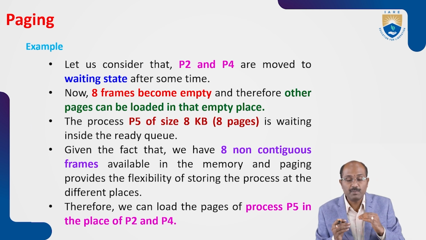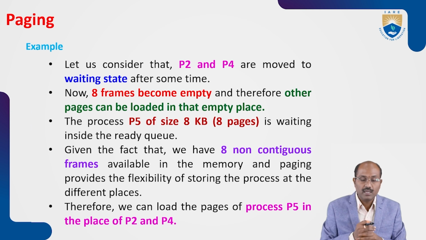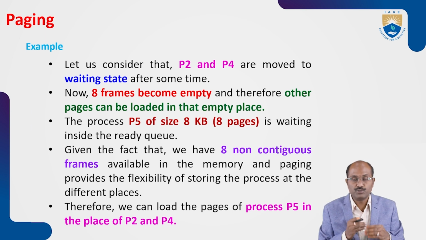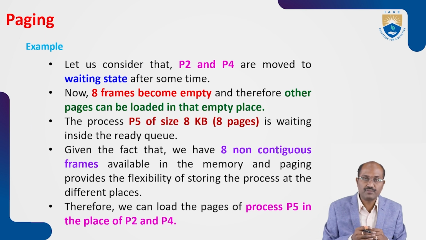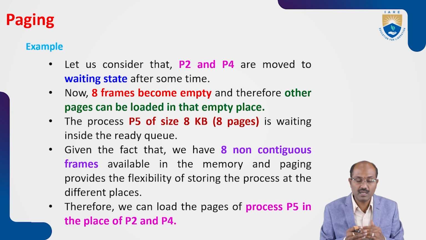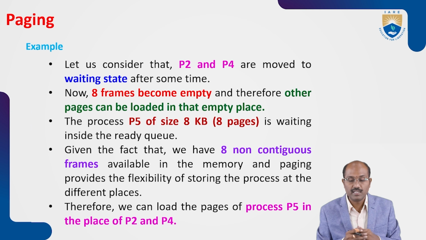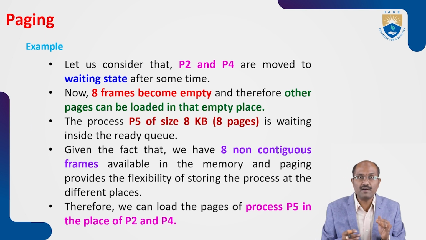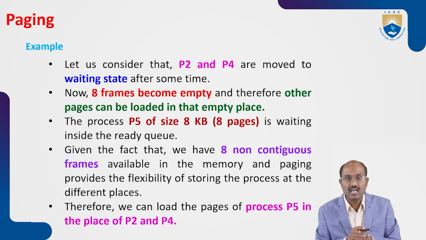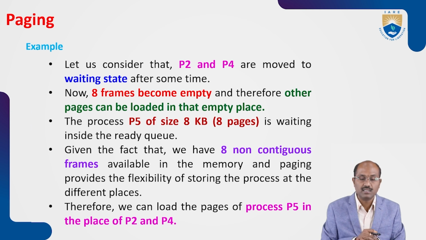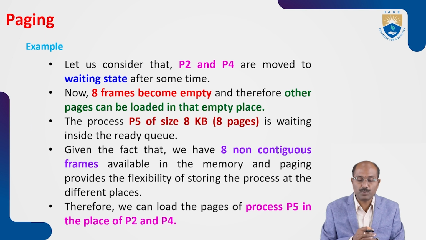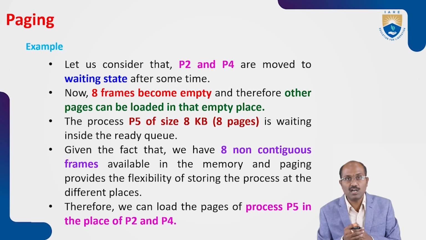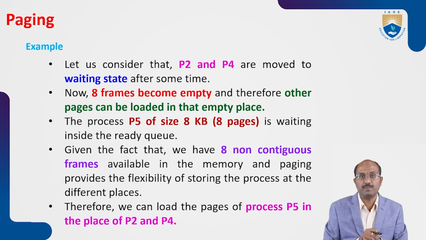We observed that 8 non-contiguous frames, 8 KB in size, are available in the main memory, and paging provides the flexibility of storing the process at different places. Therefore, we can load the pages of process P5 in the place of processes P2 and P4.